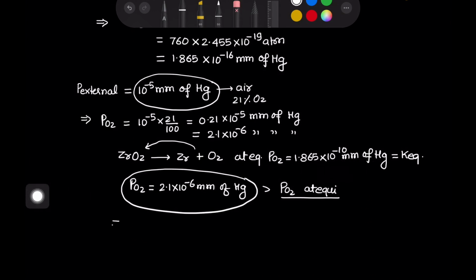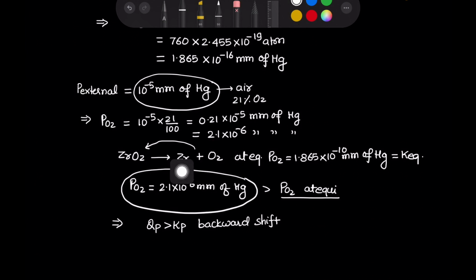It is just like Qp greater than Kp, then there will be a backward shift. And if there is a backward shift, zirconia will not decompose.